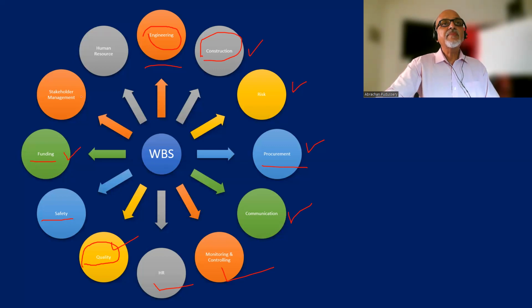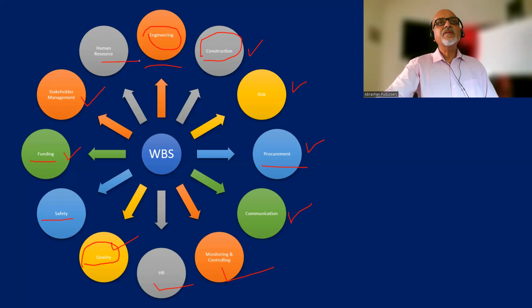Then stakeholder management: stakeholder identification, prioritization, monitoring and controlling the stakeholder engagement, and the steps we have to take to motivate them from the start of the project till the end. A lot of activities, and it costs money. So those things also must be factored into the WBS.